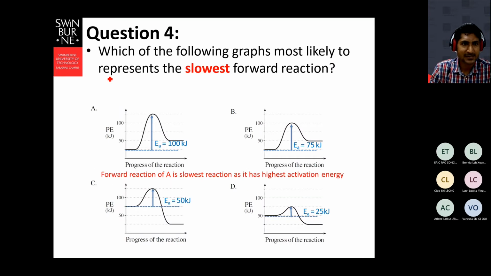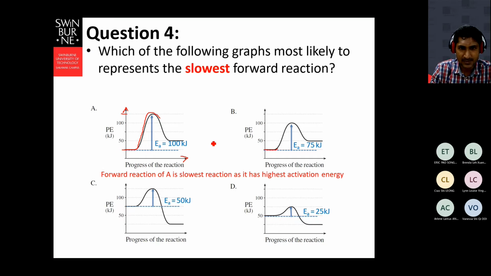So here question number 4 says, which of the following graphs most likely represents the slowest forward reaction? The reaction progress is going that way, and the energy is going up. If we start from here, this energy is so high, probably 150 or 125, something like that.